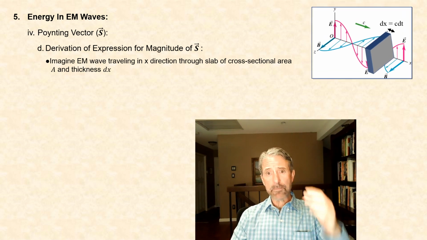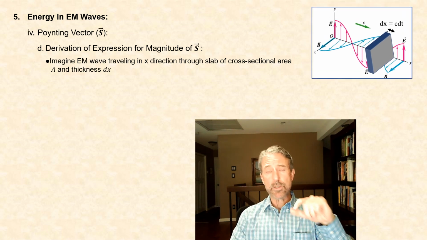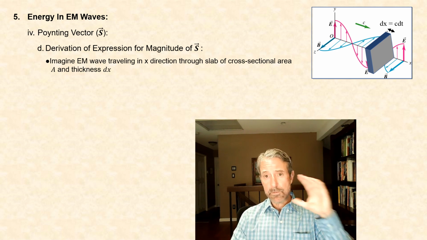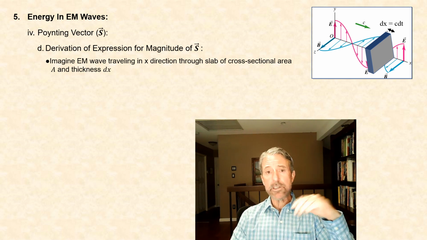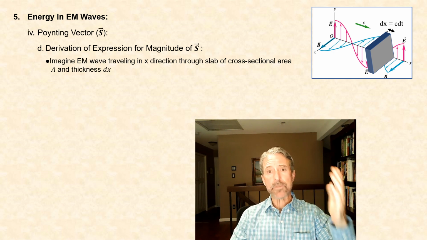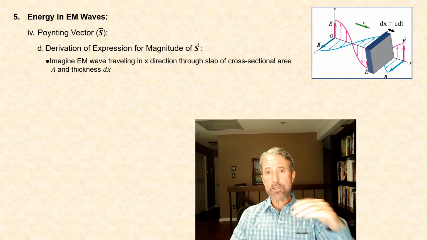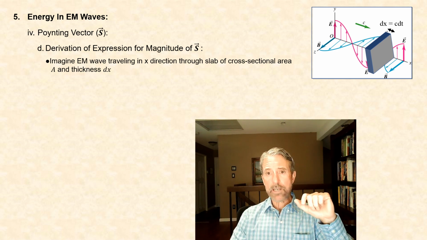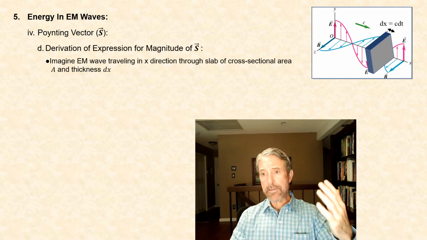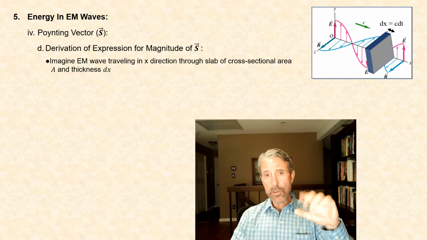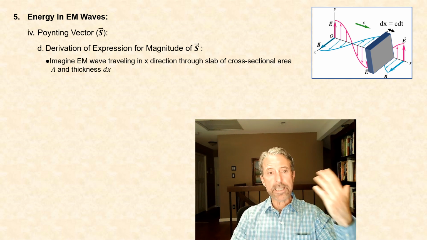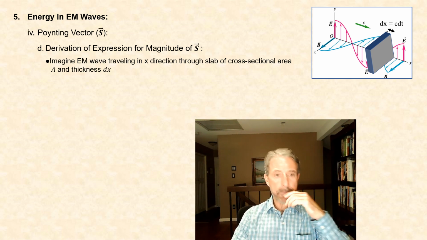In order to do that, we're going to take a look at this diagram you see in the right-hand portion of your screen here, where you see an electromagnetic wave that is traveling in the x direction. It's traveling through space, and it travels through the slab of cross-sectional area A and thickness dx, where the cross-sectional area of the slab at a given position x encompasses the field vectors at that particular point in space.